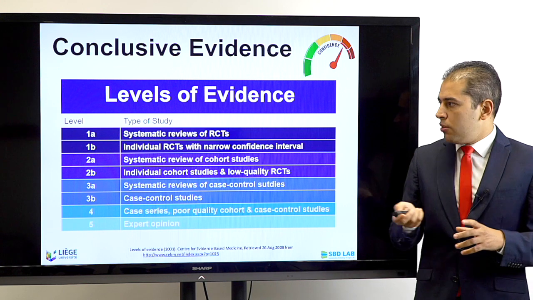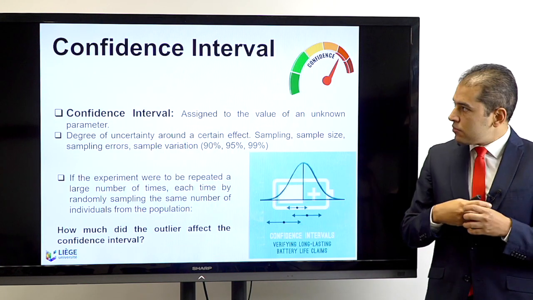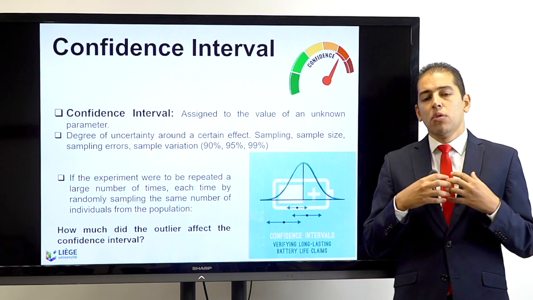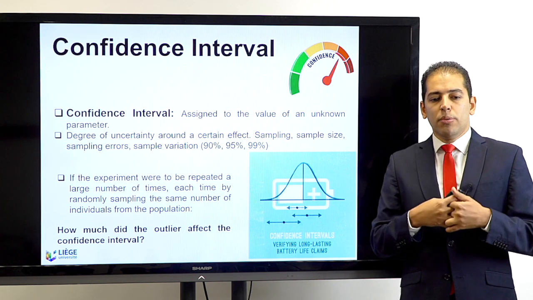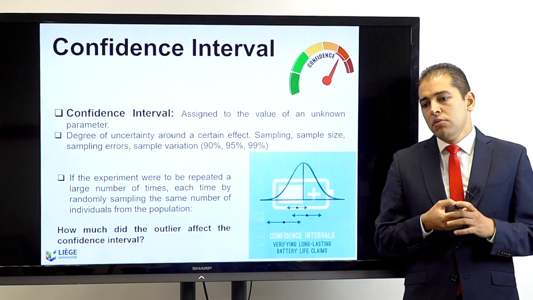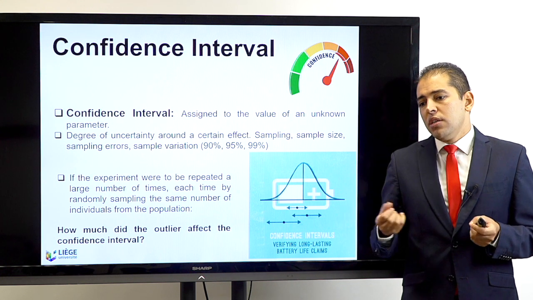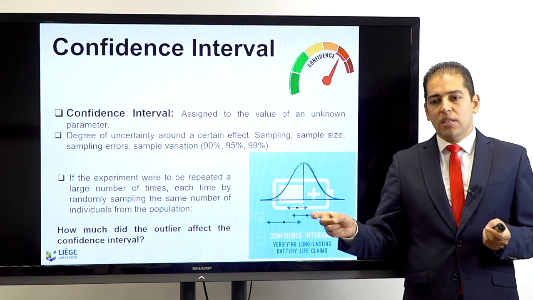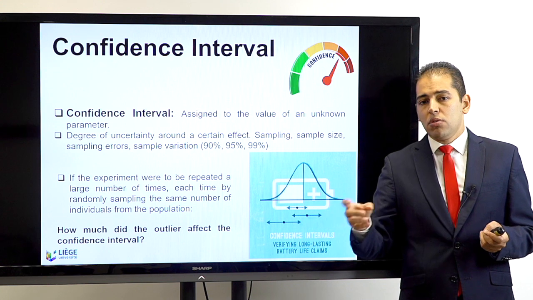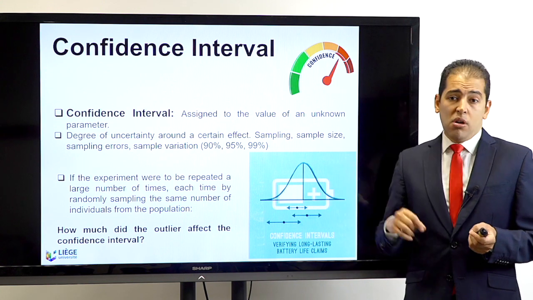Now, when we talk about confidence interval, this is the most important validation value. When we talk about any experimental research, we must communicate next to our finding the range of error or the uncertainty or the confidence interval.